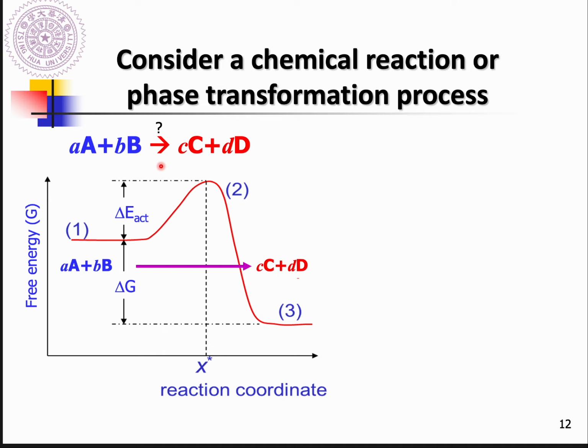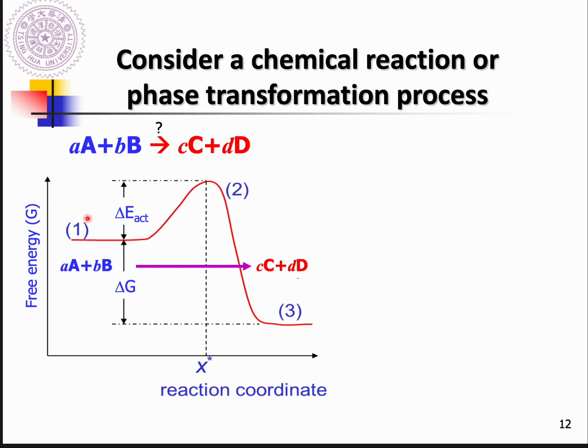In order to understand the reaction direction in this chemical equation, what we can do is draw the Gibbs free energy versus the reaction coordinate. We can calculate the total Gibbs free energy of A and B, then we get this red curve here, and we label it state 1.